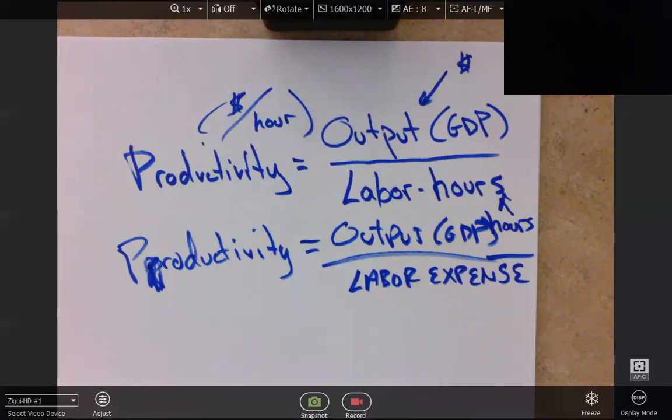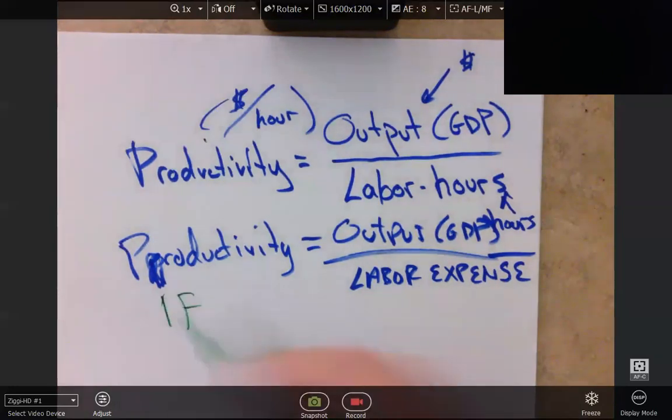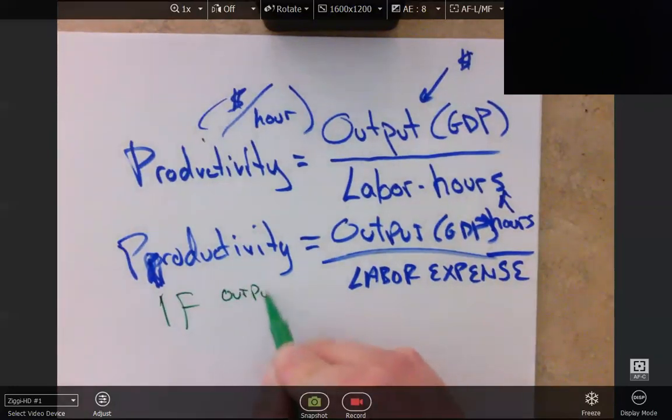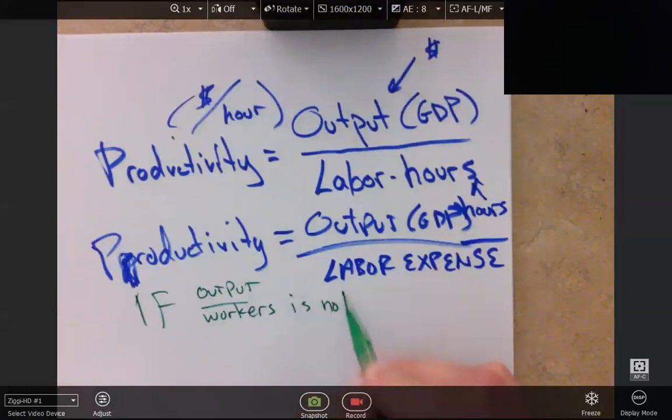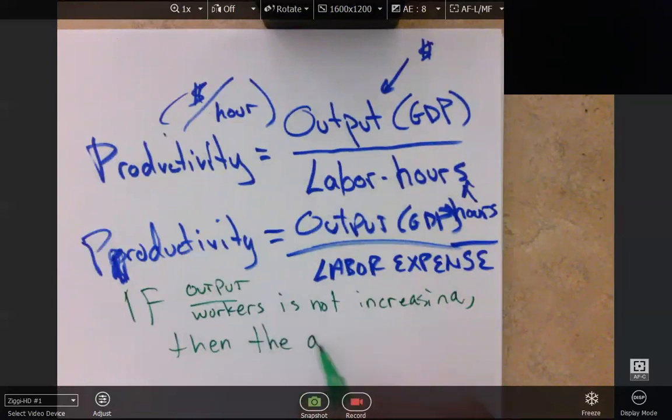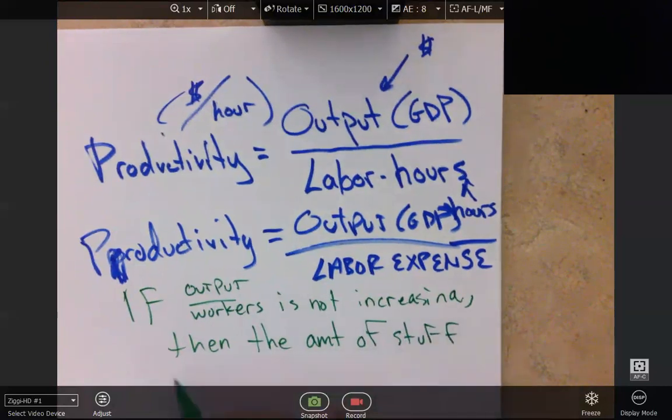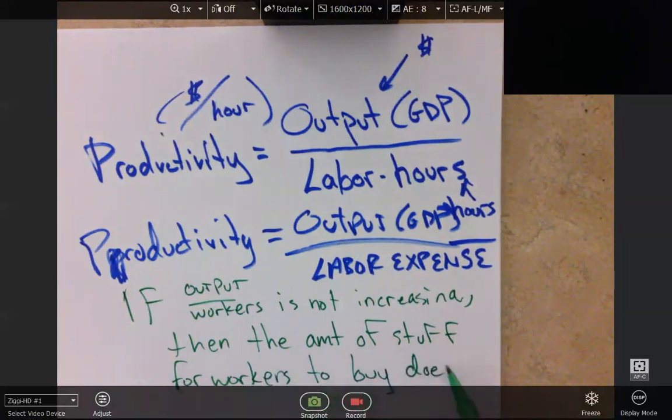So the link, and this is a tenuous link. So here, I'll write this down. If the output per worker is not increasing, then the amount of stuff for workers to buy doesn't increase either.